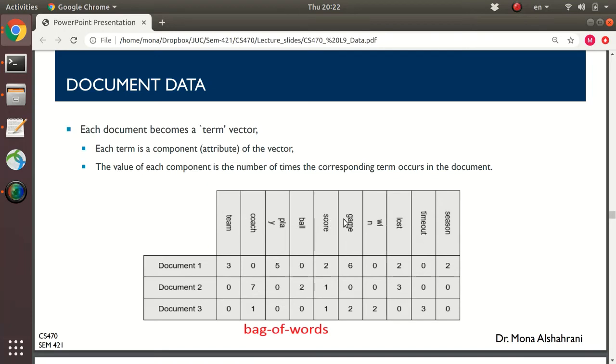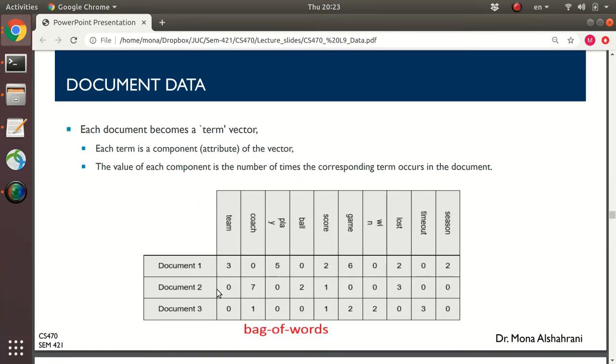The number of columns represents the number of words in our dictionary, and for each document we count the number of words that belong to it. For example, in this document we have team repeated 3 times, coach 0 times, play 5 times, and so on. So we give the count of the words in our dictionary that are found in our document. Similarly, we do that for all of the documents that we have.